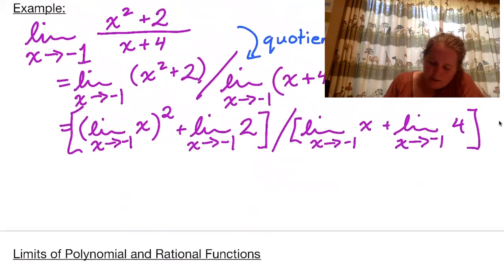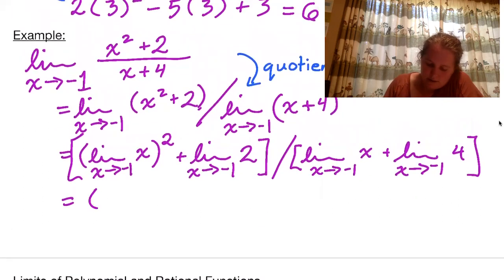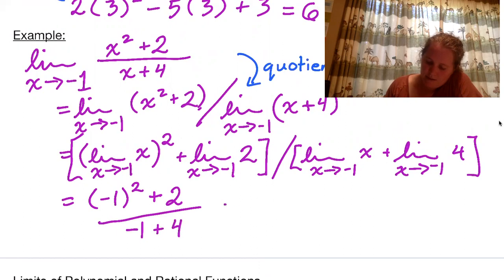So this top now, we have the limit as x goes to -1 of x is just -1. That is being squared. And then we're taking the limit of a constant function, so we just get that plus 2. And then in the denominator, we have the identity again, so -1, and a constant again. So we have -1 squared is 1, plus 2 is 3.